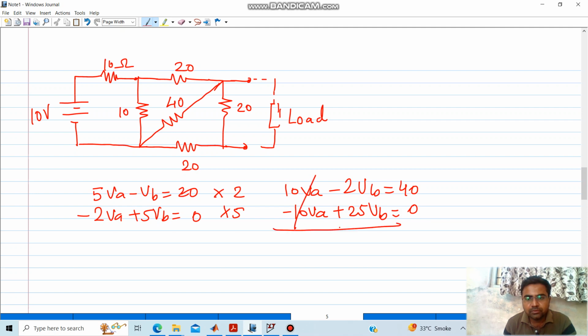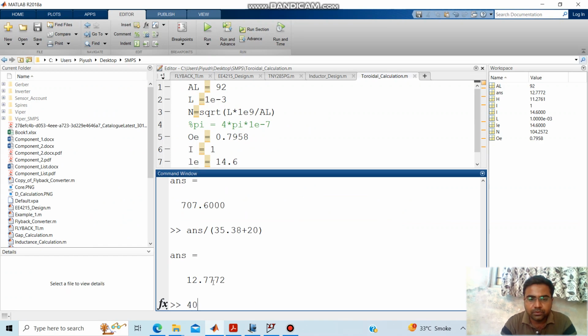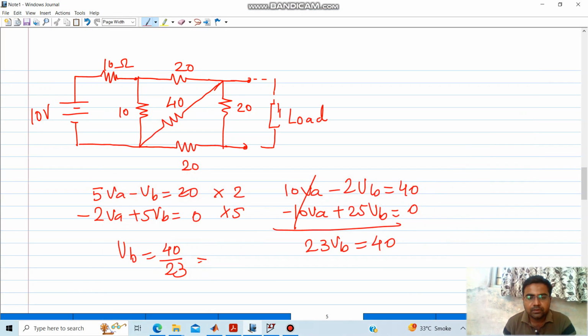So this will be cancelled, so that would be 23VB is equal to 40. So VB is equal to 40 divided by 23. So 40 divided by 23 is 1.7391 volt.